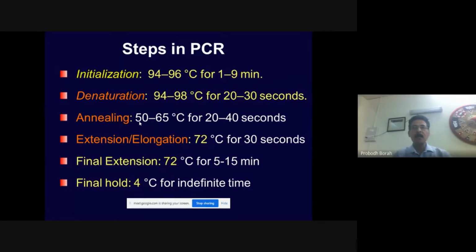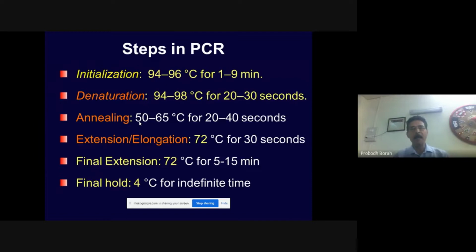Annealing depends on suitable temperature and also depends upon the specificity of the synthetic primer molecules, the oligonucleotide molecules. There are several factors that influence the annealing process. Most of these factors involve certain properties of the synthetic oligonucleotide primers.